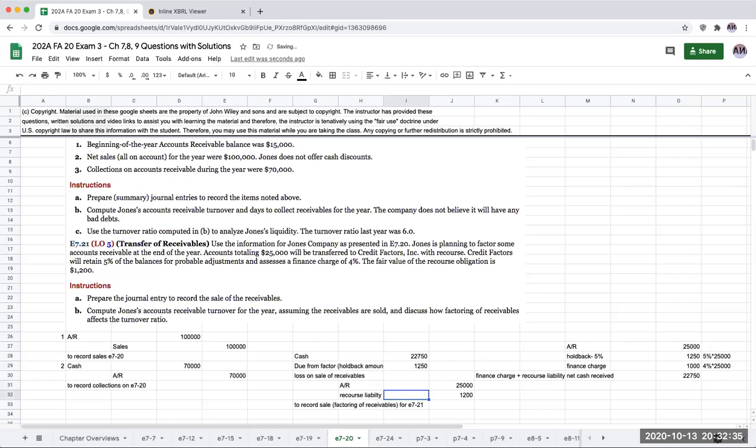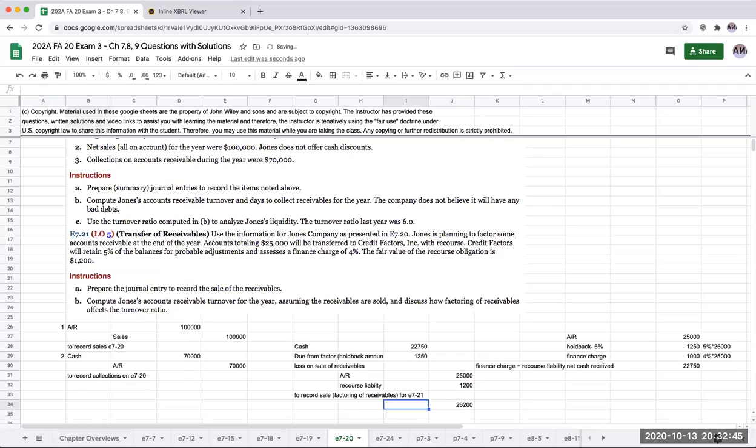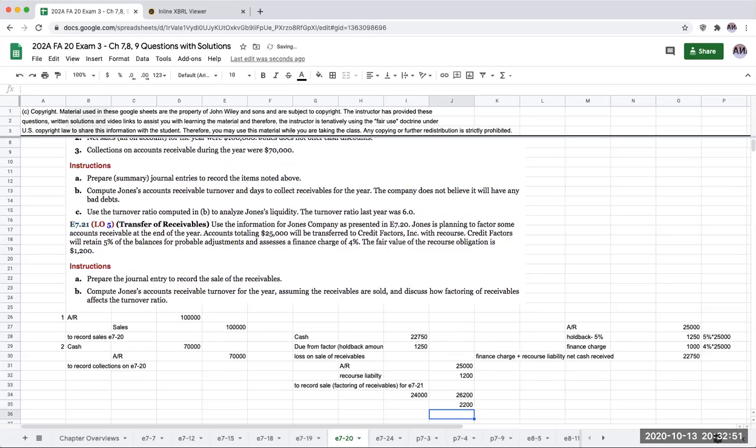Now, as we sit over here, I have a liability. I'm going to record that liability with a credit. I need to take the AR off of my books. And so if I'm adding this up right now, I get this difference here of 2,200.